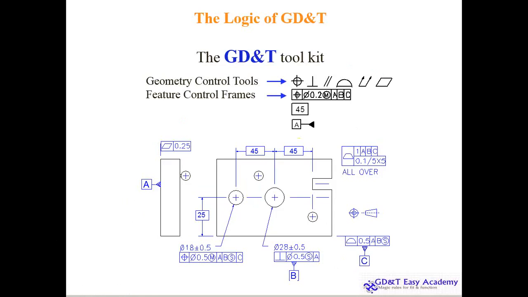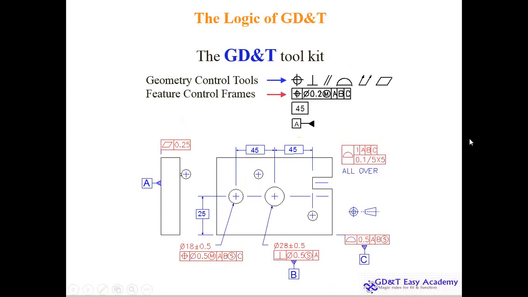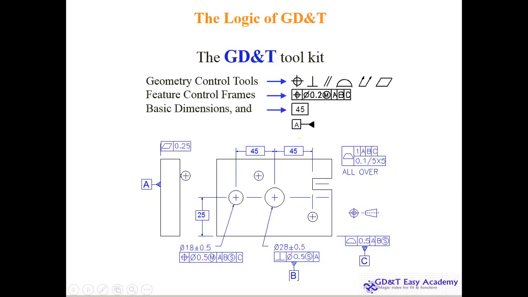And finally, the feature control frame, where you arrange all the geometric dimensioning and tolerancing symbols. And these are the red highlighted; you can see all these are feature control frames. And next is the basic dimension. So here you can see the basic dimensions are highlighted. The 25 is a typical location from the coordinates 0, 0, wherever it is there, that we'll discuss later.